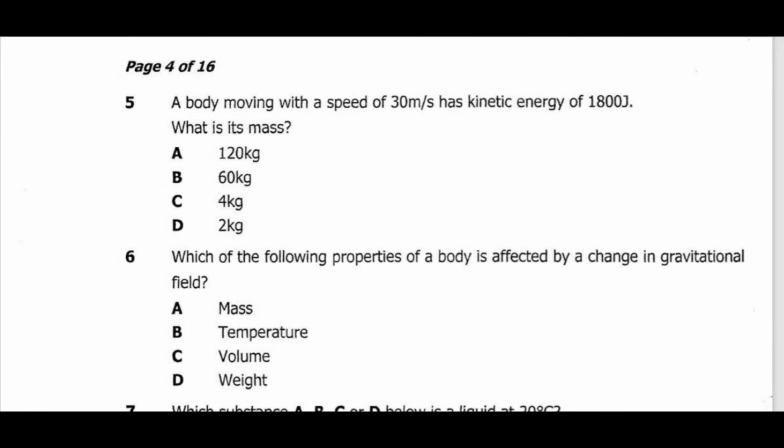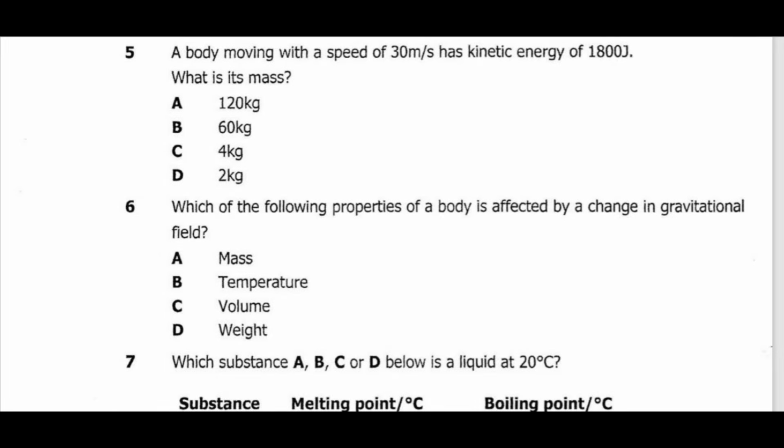Then we have question 5. A body moving with a speed of 30 meters per second has kinetic energy of 1800 joules. What is its mass? So let's have the formula. Kinetic energy is equal to half mass times velocity squared.